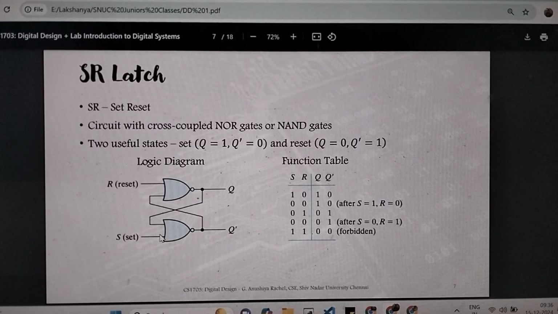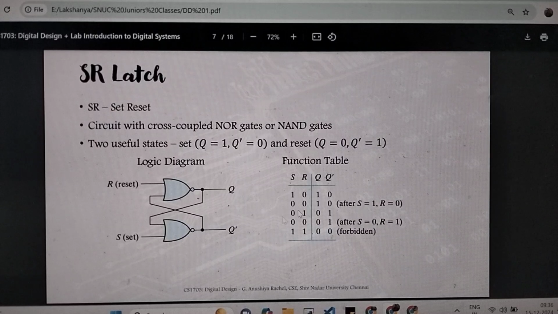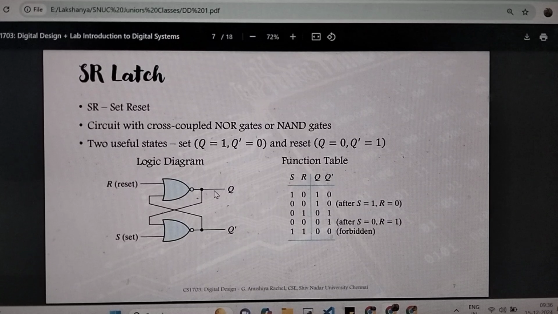Now S is a 1, so my NOR gate will definitely give me a 0 irrespective of what my Q is. So Q bar becomes a 0, and now Q bar is a 0 which goes here. R is also a 0. 0 NOR 0 would give me a 1 here.